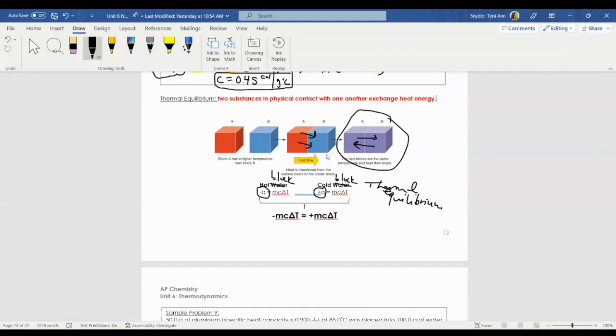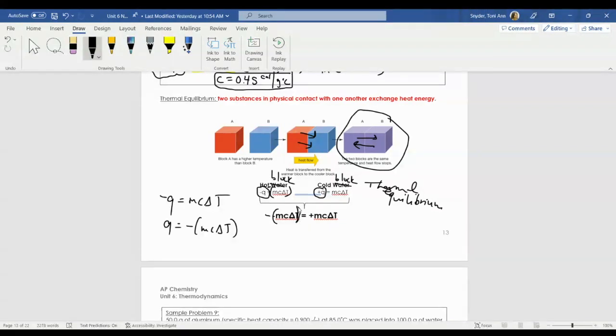So what we can do is manipulate these equations. I'm going to change this whole entire side so it's a negative, because negative Q equals MC delta T. In order to get these to equal each other, I'm going to say Q is equal to negative MC delta T. And I'm going to put parentheses around this because I think that's really important.